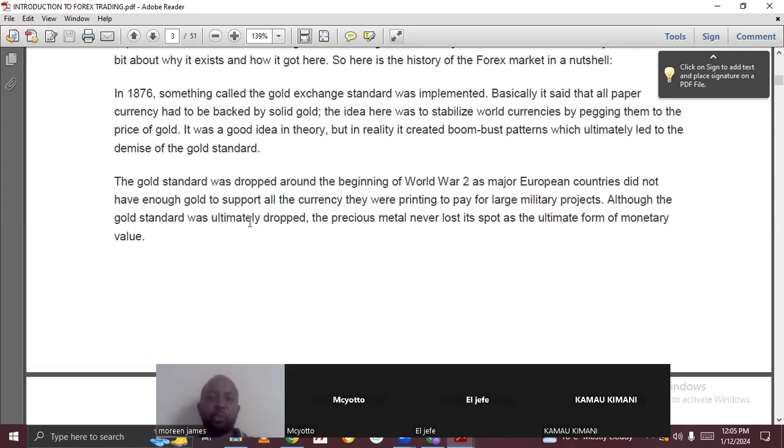Although the gold standard was ultimately dropped, the precious metal never lost its spot as the ultimate form of monetary value. I need you to understand this is a very important key point, because when you'll be trading, I'll be showing you that with most currencies, especially the dollar, you will always see the dollar against gold or gold against the dollar.